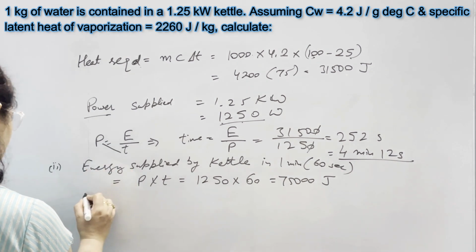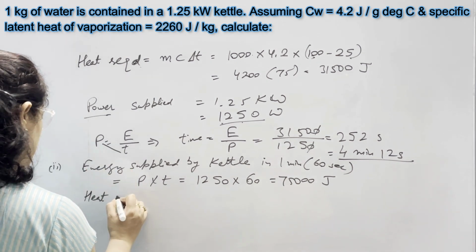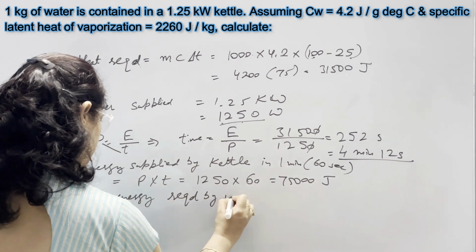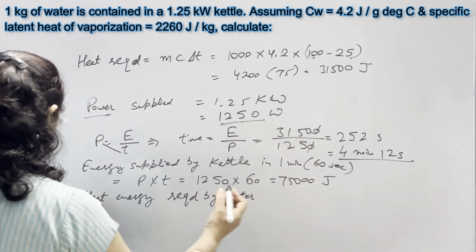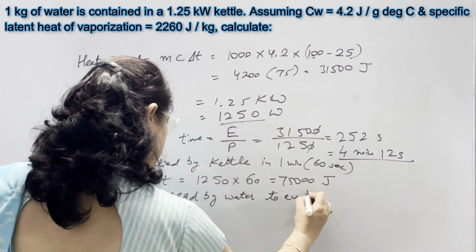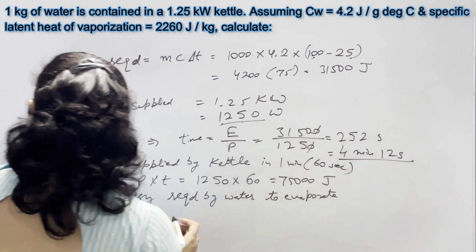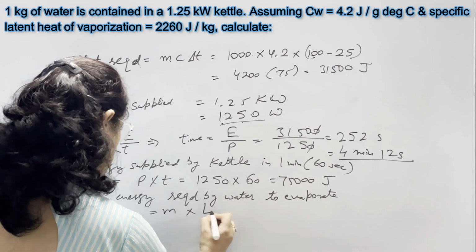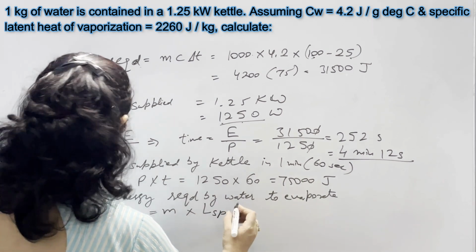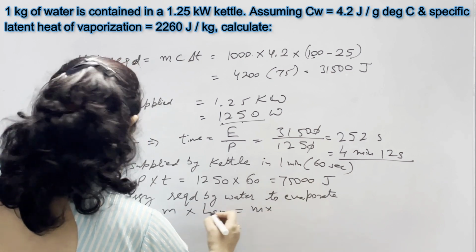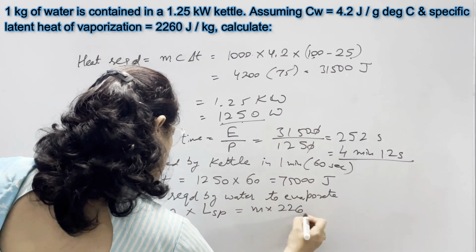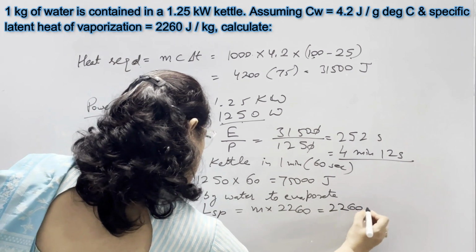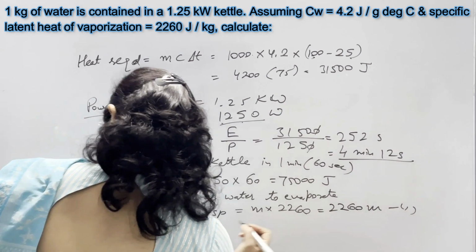Now heat energy required by water to evaporate is equal to m into specific latent heat of vaporization of steam. It means m into this value is also given, 2260. Mass is our question.